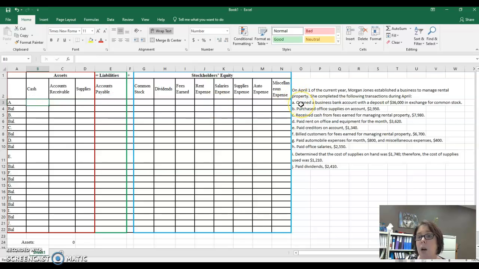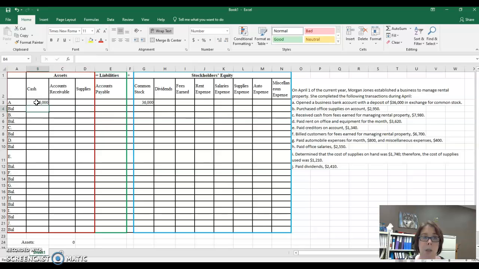On April 1st, the company, Morgan Jones, established a business to manage rental properties. So this is a service company. We opened a business account with a deposit of $36,000 in exchange for common stock.